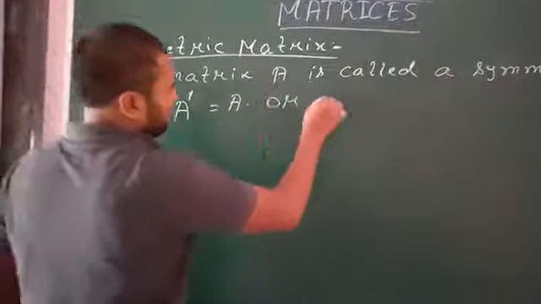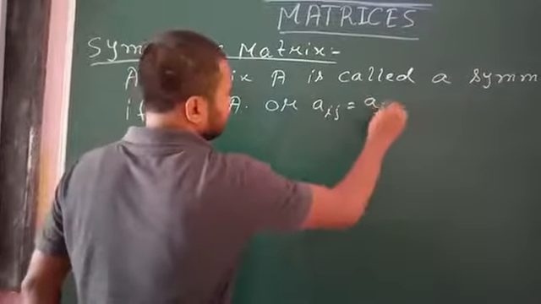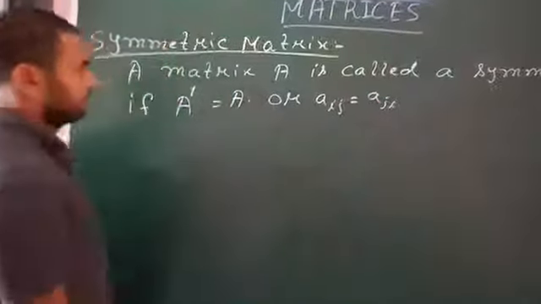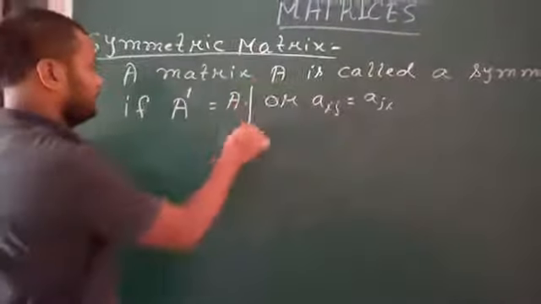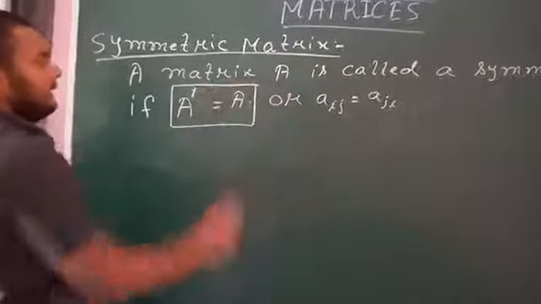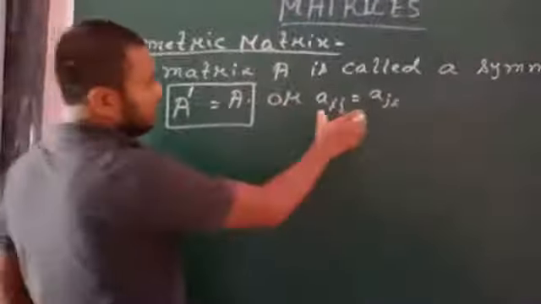Or the Ij element and Ji element should be equal. This is the main condition, that A transpose should be equal to A, and from this condition we get the other condition.